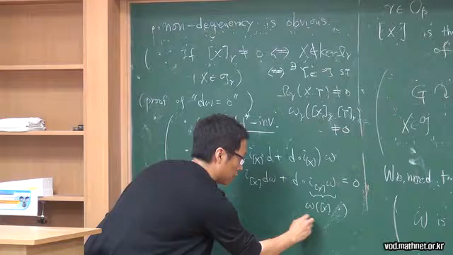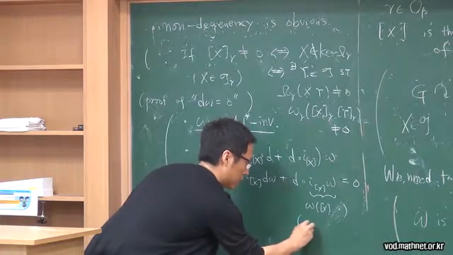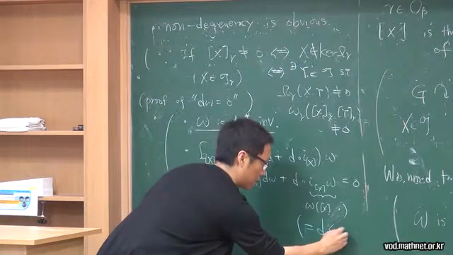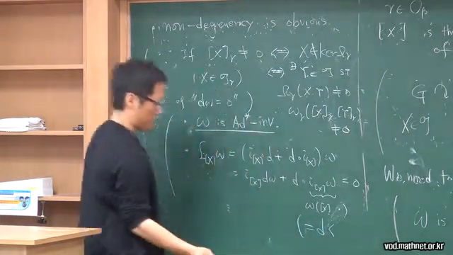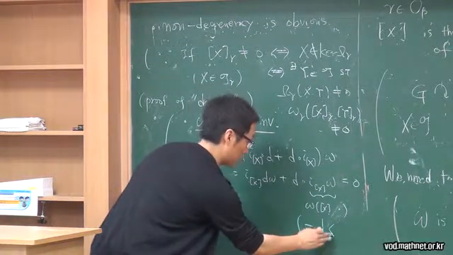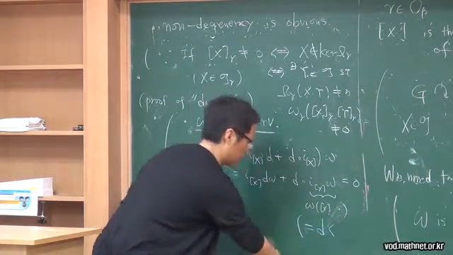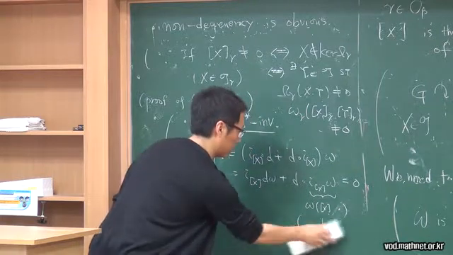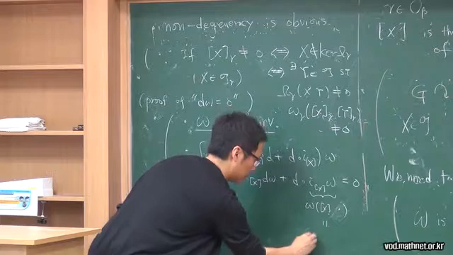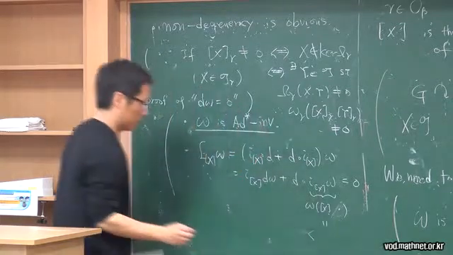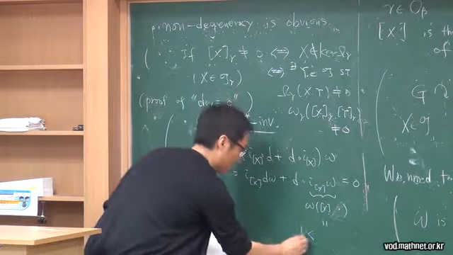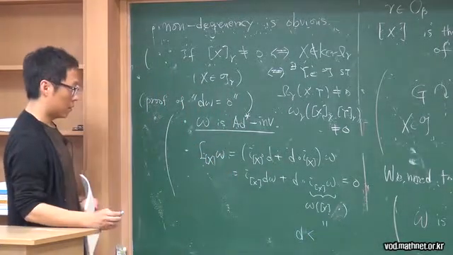This is one form, and we should prove that this is an exact form. You're taking the Lie derivative with respect to any vector?